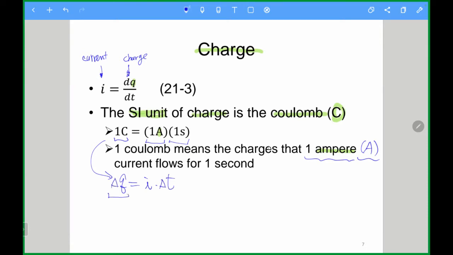The change of charge amount will be the current going in or going out, for delta t amount of time. So the SI unit for delta Q is Coulomb, this is A, and the time should be s.